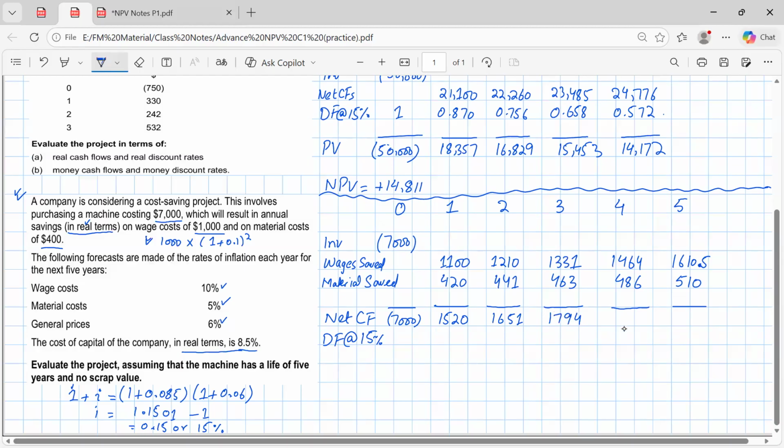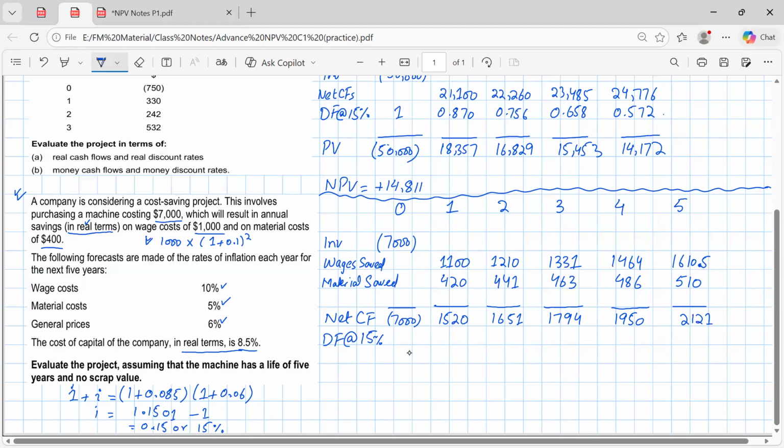For year four, 1950. For year five, 2120.5, okay, 2,121. I will write here.